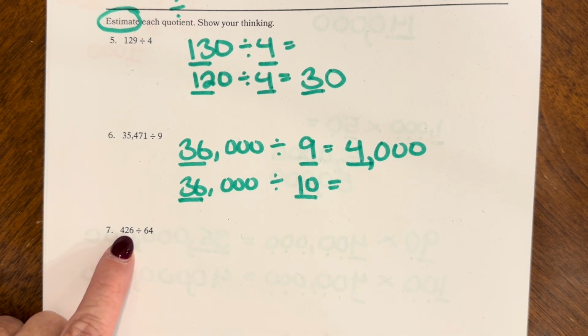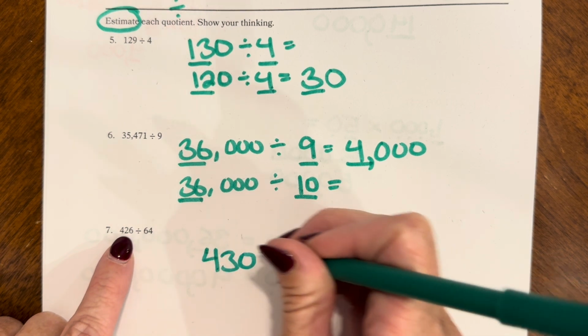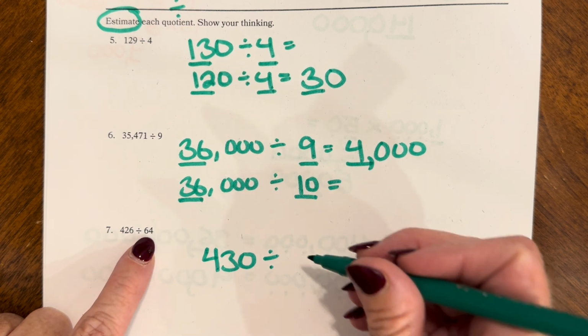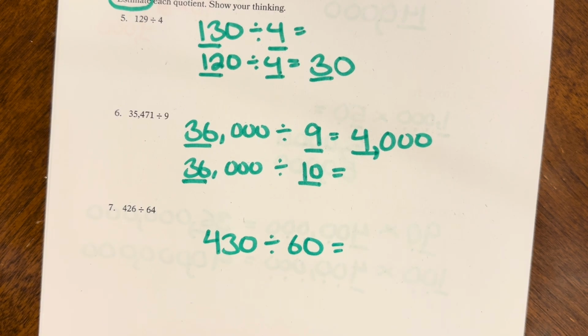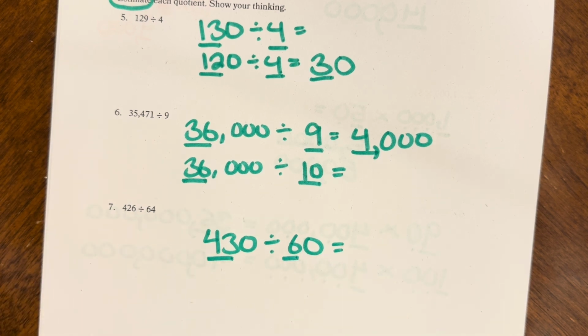426, I'm gonna say is about 430. And divided by 64, well, 64 is about 60. So let's look at this and see if this works. Does 43 divide nicely or easily by 6? No, it doesn't. So what does divide nicely by 6?